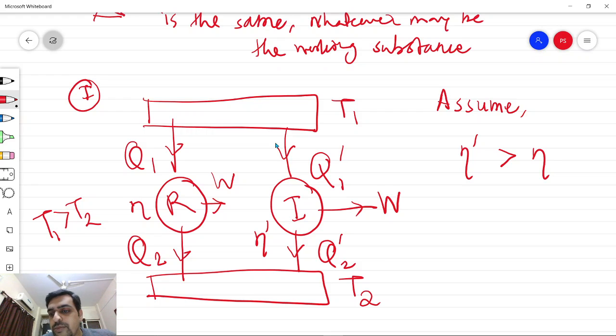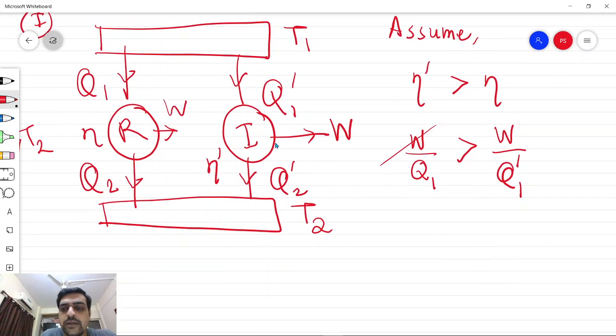So if we assume that eta dash is greater than eta, we remember from the definition of efficiency that eta is just the work done divided by heat absorbed. So W by Q1 dash is greater than W by Q1.